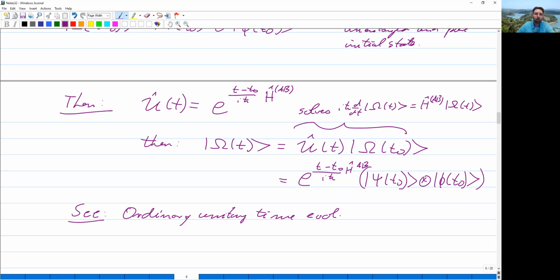So we have ordinary unitary time evolution according to the Schrödinger equation and no state collapse.